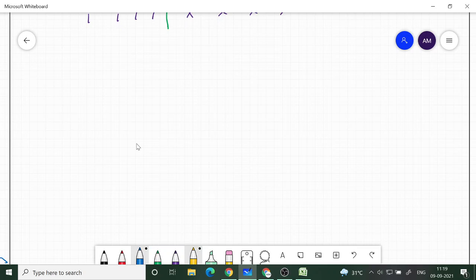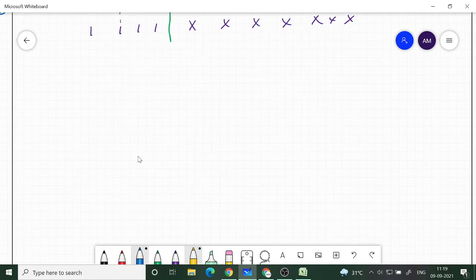Somehow I am not getting an example. Okay, we will create an example. What I will do is, I will first of all tell you how to draw a 5 variable K-map.